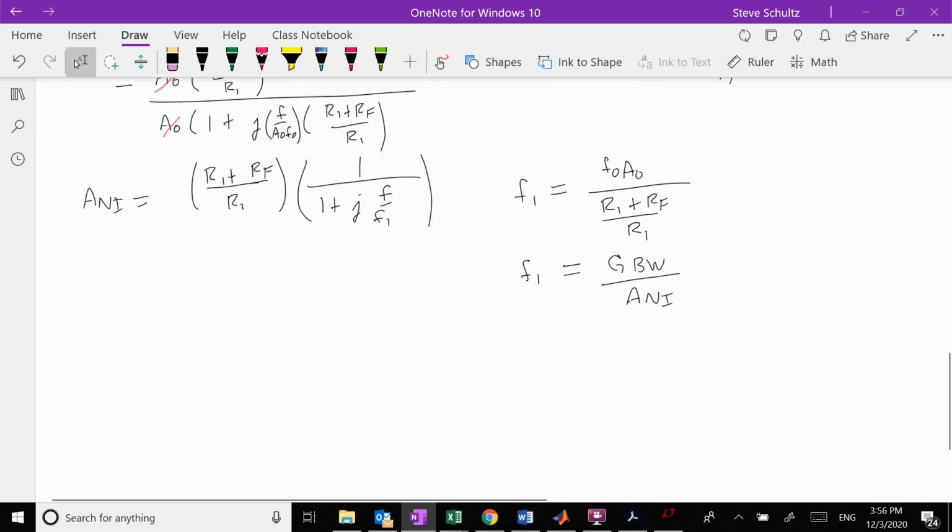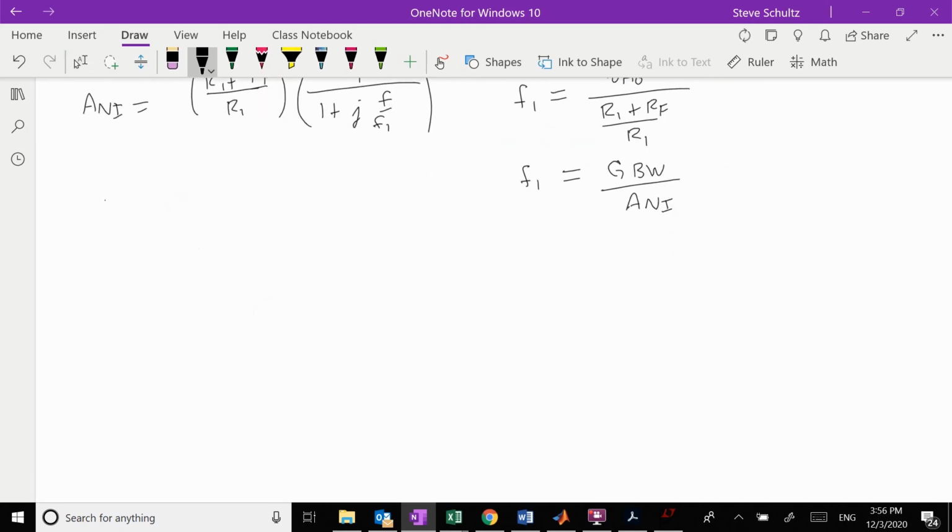Okay, so let's draw this as a Bode plot to finish up what we have just learned. So our main op amp looks like this. So this is my F0 and this is my frequency. And then what we find out is that we end up getting something that looks like this. So this is my (R1 plus RF) over R1.